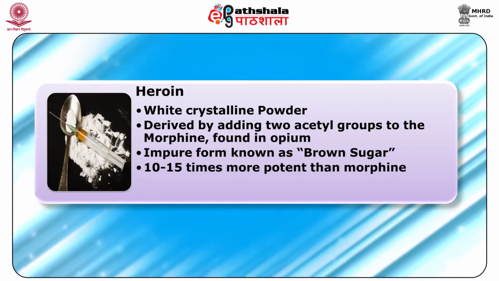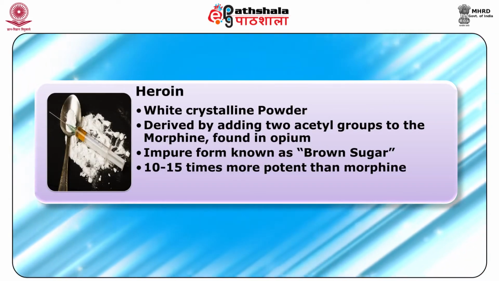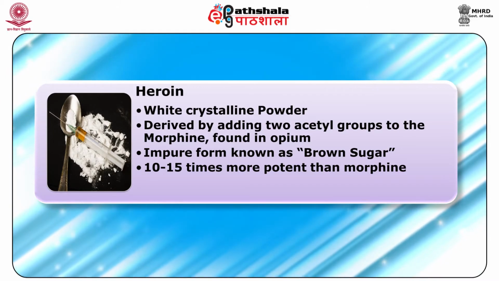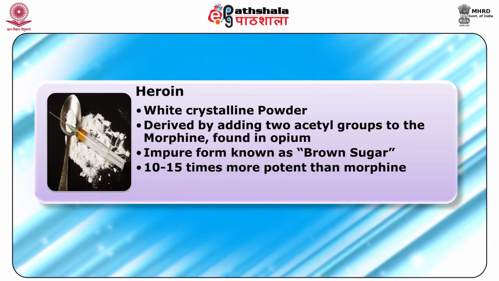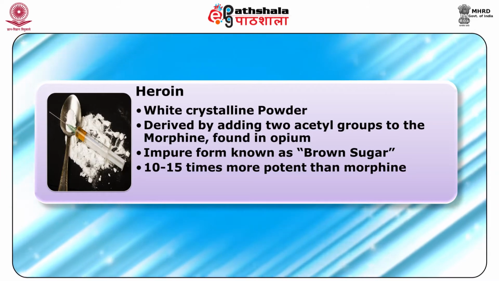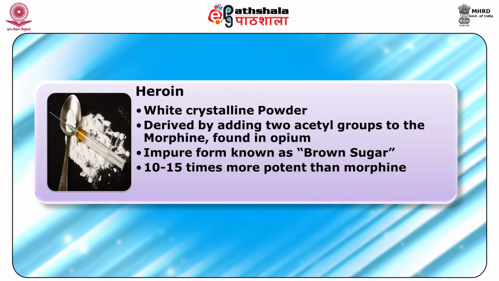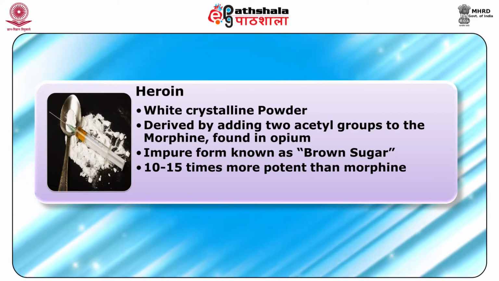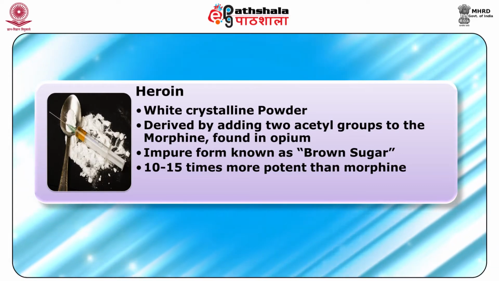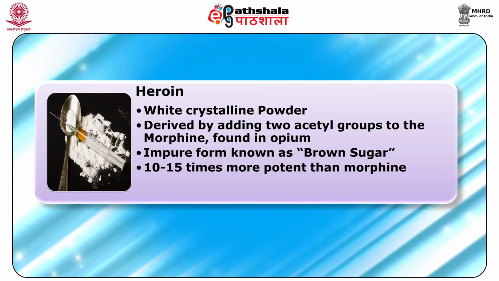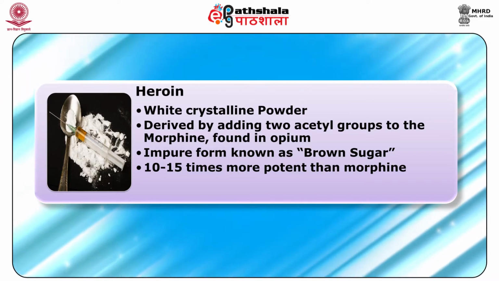Talking about heroin, heroin is actually a morphine derivative. It is a diacetyl derivative of morphine, so it is also called diacetyl morphine. And heroin is a white crystalline powder which is obtained by adding 2 acetyl groups to morphine, and this is done by the acetylation reaction.